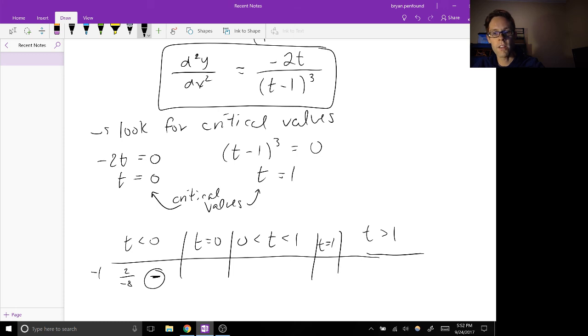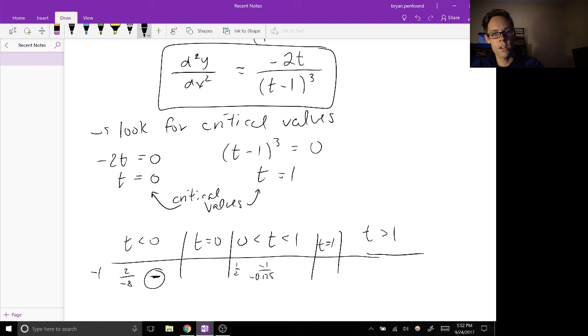Next, we want to pick a value that's somewhere in between 0 and 1, say 1/2. So 2 times 1/2, I get a negative 1 up top. And 1/2 minus 1 is negative 1/2. And if we cube that, we'll get something like this.